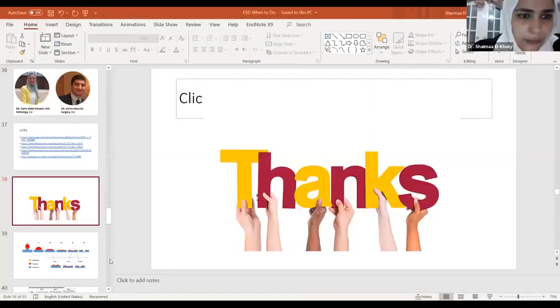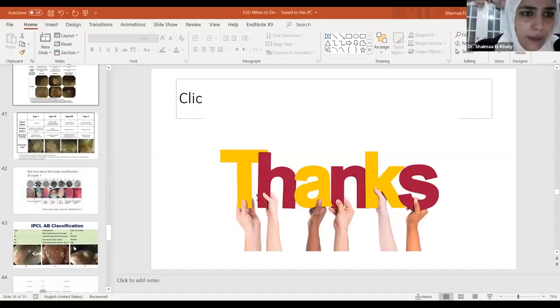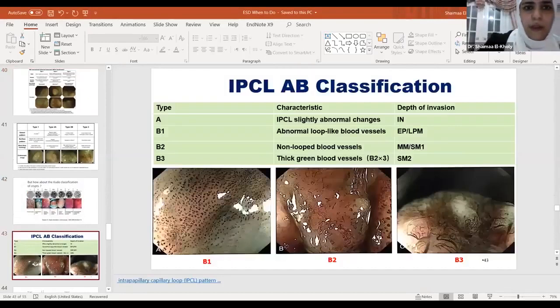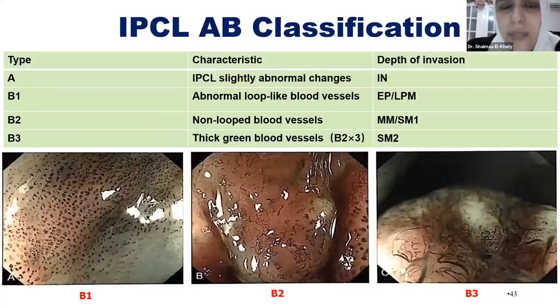Okay, so as you can see here, this is the IPCL-AB classification. It gives you an idea about the exact layer and the depth of invasion.